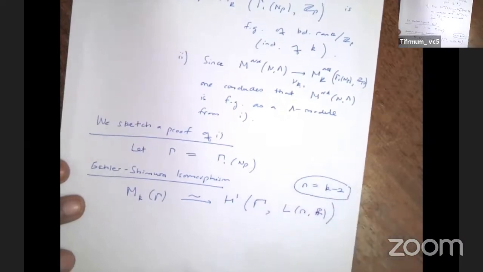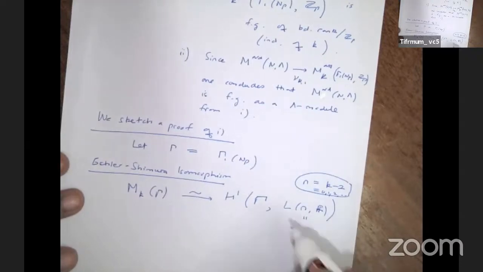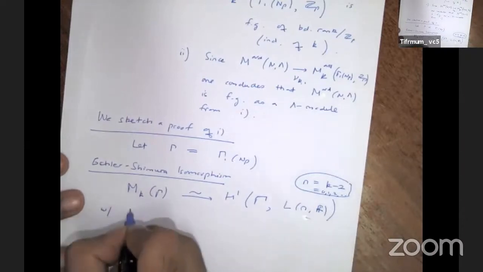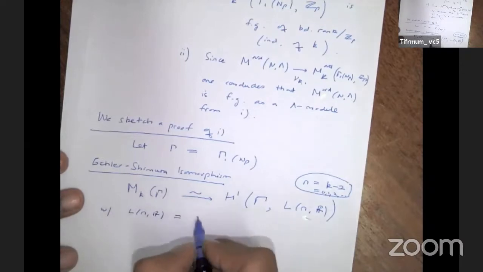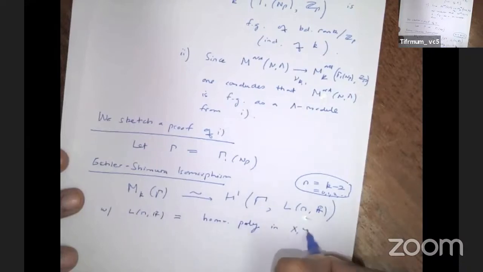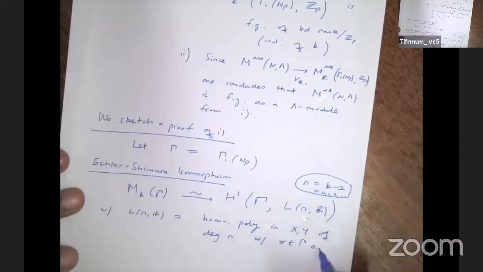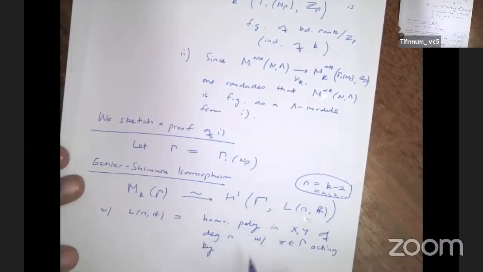Okay, so this starts from 0, 1, 2, because k was starting from 2 onwards, so n is starting from 0. And L n R is going to be the homogeneous polynomials in 2 variables of degree n with action of gamma, and this is group cohomology, H1 of gamma with coefficients in L n R. So how does group cohomology work?